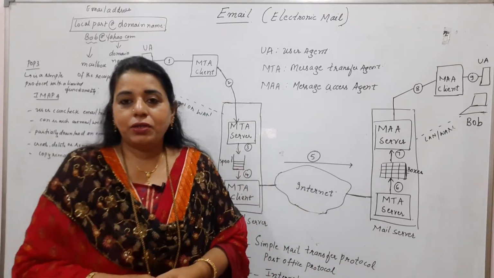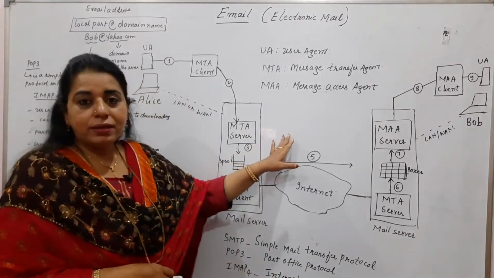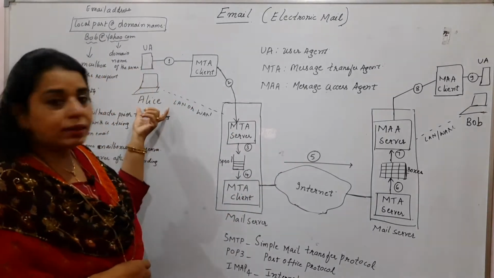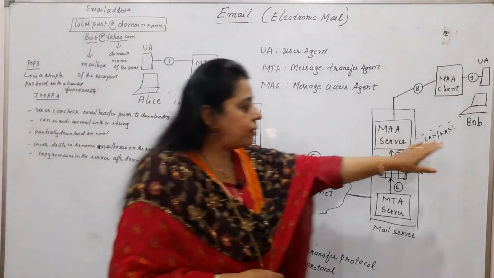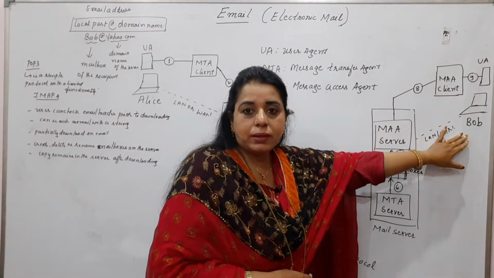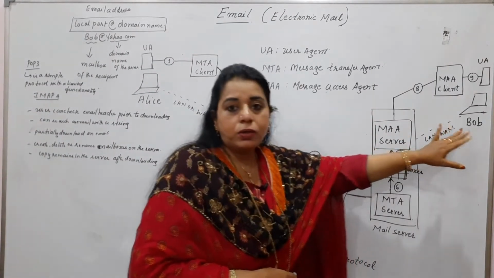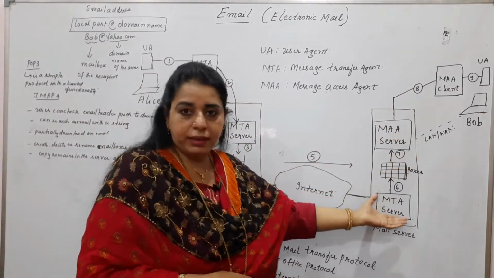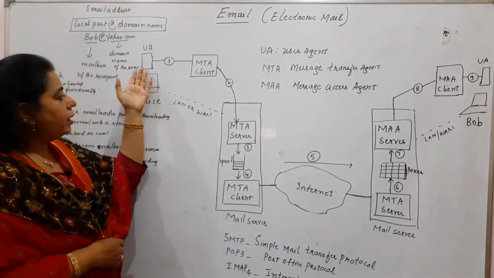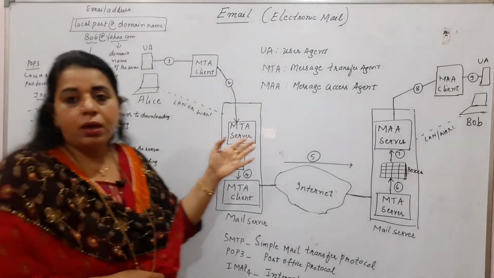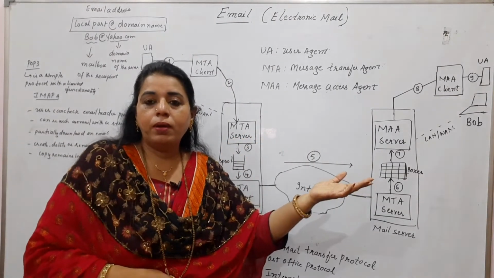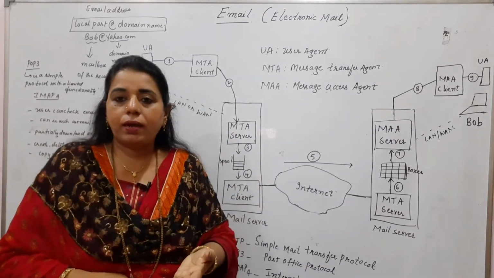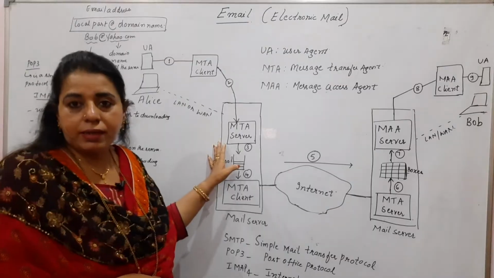Let us see the architecture for electronic email. Look at this diagram. I have shown here a diagram wherein the sender is Alice. Alice wants to send a message to another person, and that person's name is Bob. Both these users are connected to their mail servers. If Alice is using a Gmail account, she will be connected to the Gmail server.